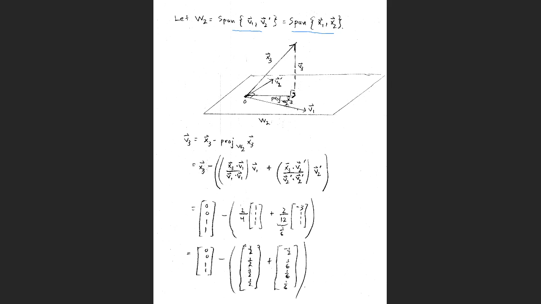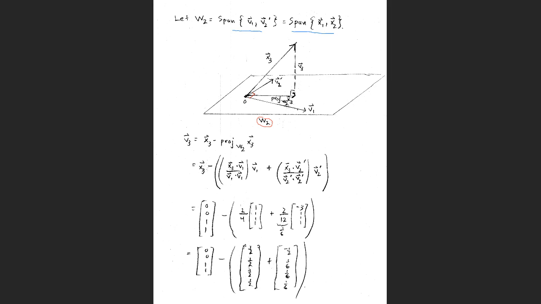Okay, so now we got a nice picture here. The vectors v1 and v2 prime are orthogonal. Notice how I draw the right angle in there. And they lie in this subspace W2.